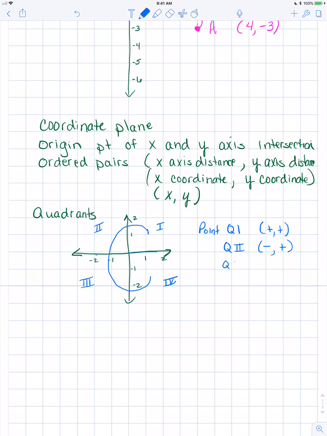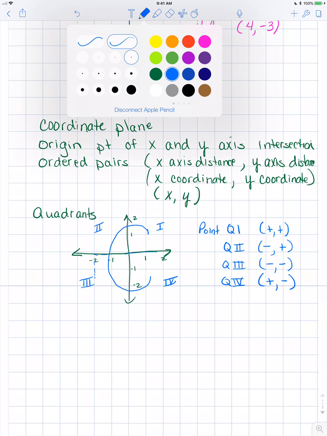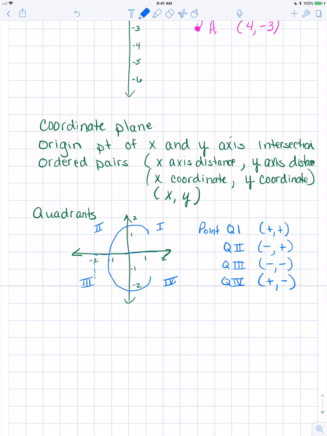If I have a point in quadrant 3, notice it's going negative and then negative. Negative x, negative y. And then if we have a point in quadrant 4, if it's anywhere over in this area, then it's going to be positive and then negative. I could have maybe shaded those or color coordinated them to help you see that, but hopefully you'll understand the quadrants once you do a few of these.